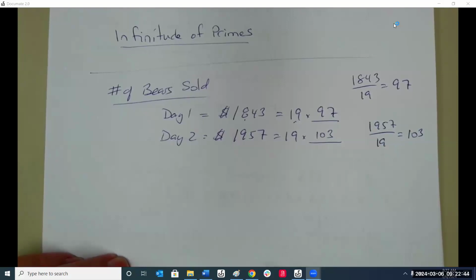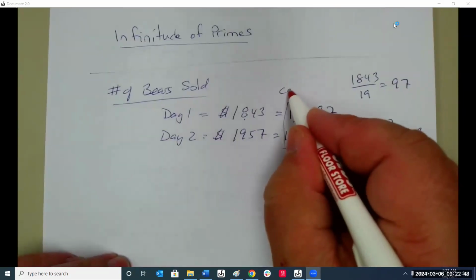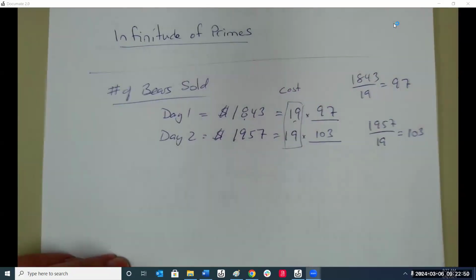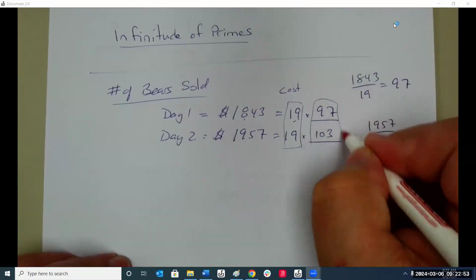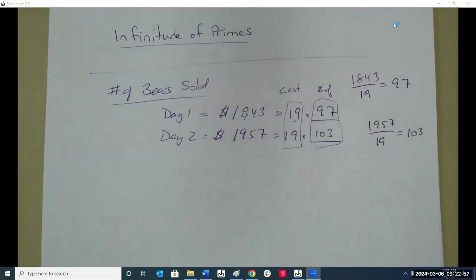Since the cost remained the same in both days, this was the cost of each bear. This was the number of bears sold. So we sold approximately 200 bears. That's how you use this stuff. Find the common multiple, and that multiple is the price.